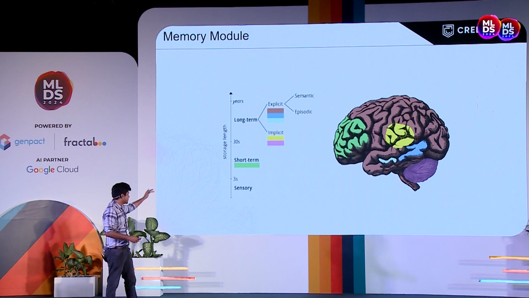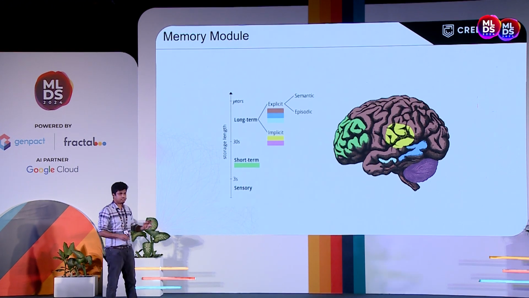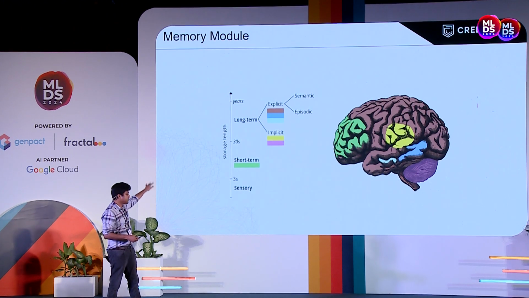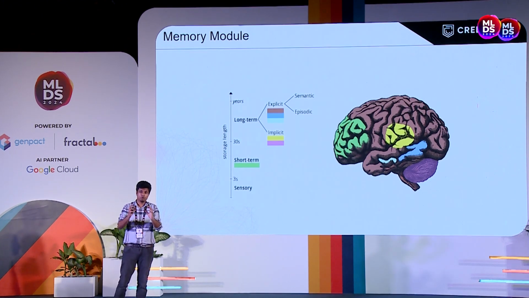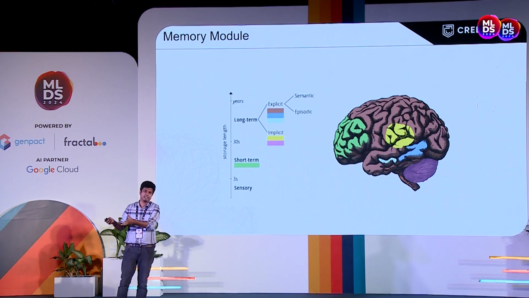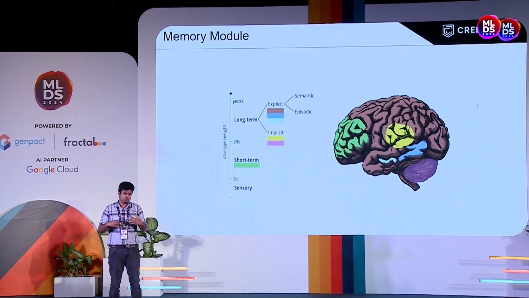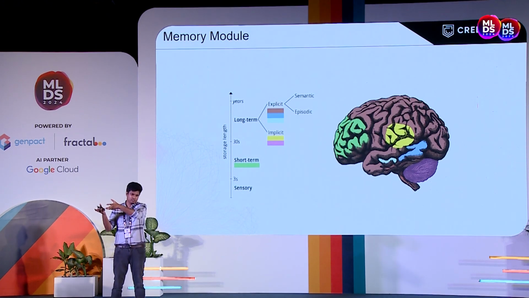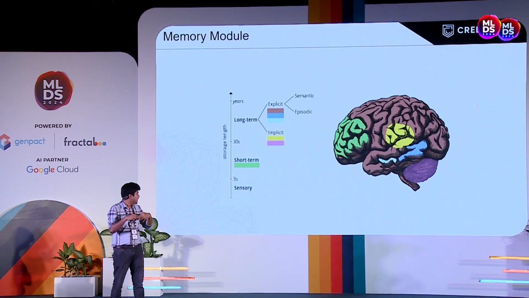In a nutshell, sensory memory and short term memory is something that is managed within the prompt. Long term memory needs the agent to query an external database. It can be a vector database or a SQL database, and you must have a lot of context on RAG. So basically integrating an external data source, getting that input into short-term memory, and using that to solve the problem.